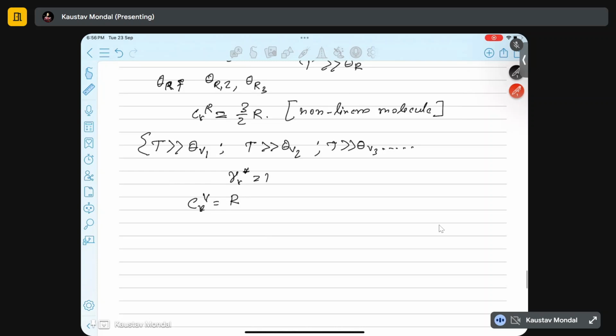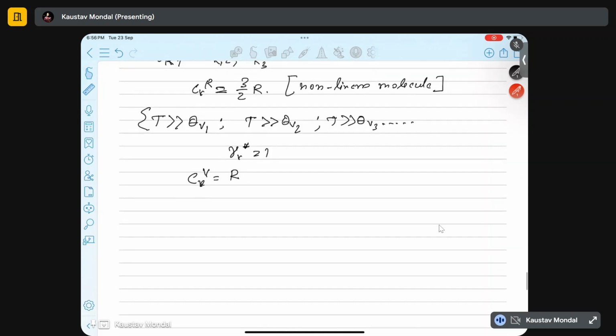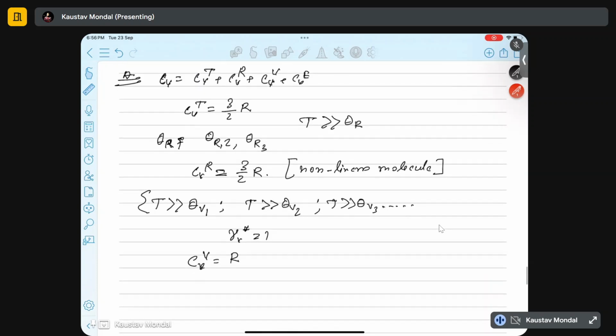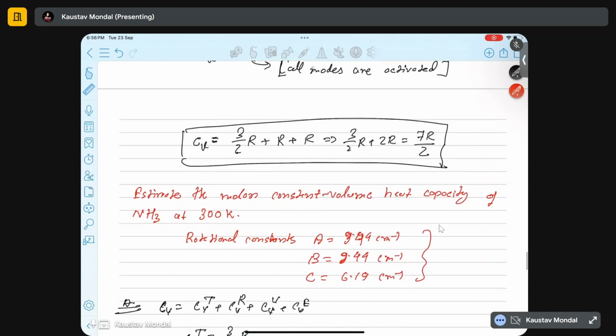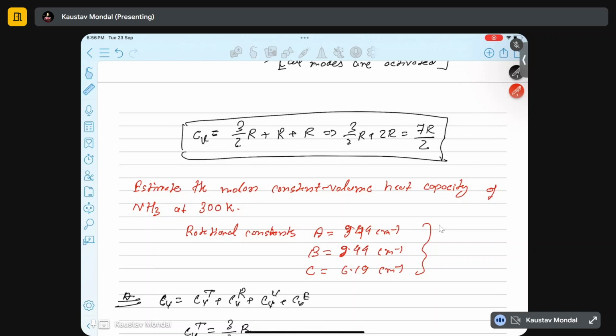Okay, so in that case, if this is true, then you can write C_V equal to the translational contribution 3 by 2 R, the rotational contribution 3 by 2 R since it is a non-linear molecule, and the vibrational contribution R. Now we can sum: 2 into 3 plus 3, 6, 7 R by 2.